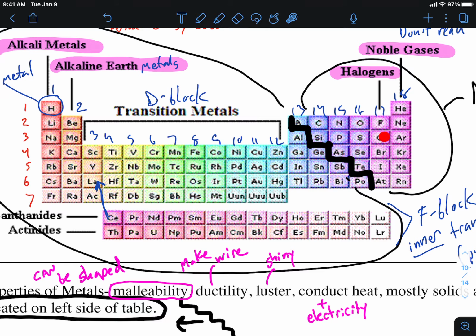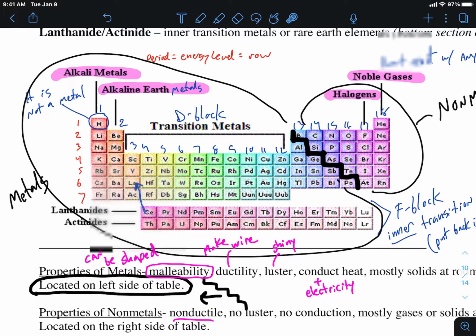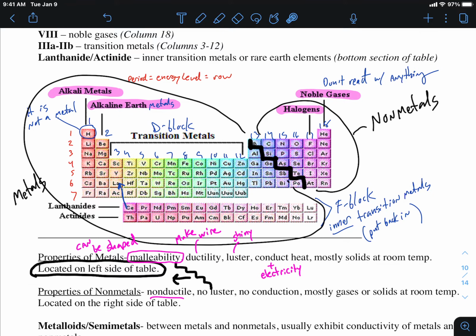Chlorine, how many? 7. Xenon, 8. Tin, lead, germanium, silicon, carbon. You guys get it? Okay, it's a little time saver. Okay, that's a good enough start here.